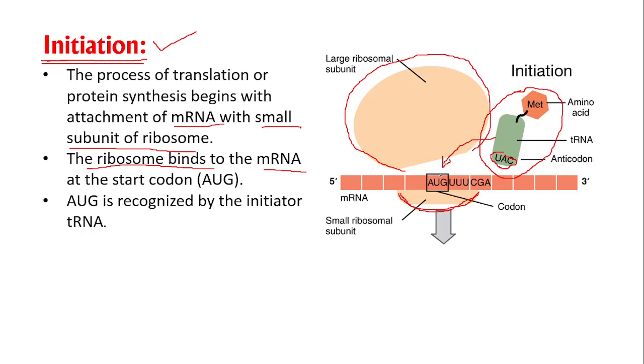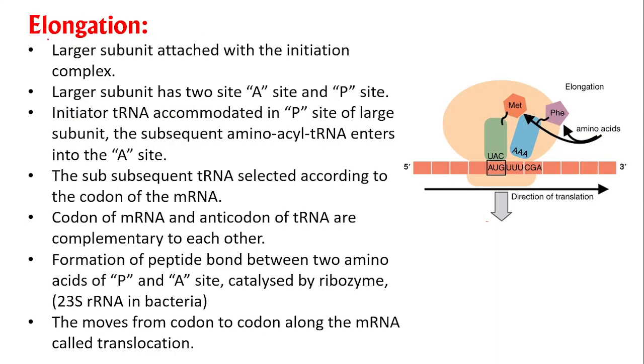After attachment of the smaller subunit as well as the tRNA, the larger subunit of the ribosome will also come and bind. Ultimately, by the union of all these things, a translation unit will be formed.